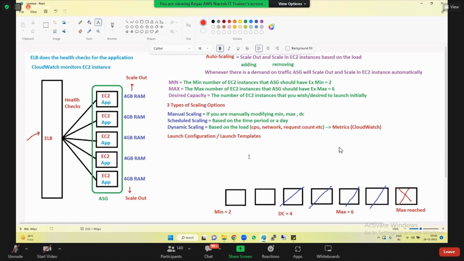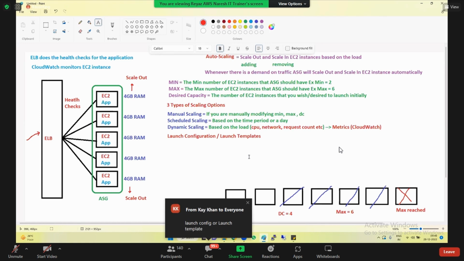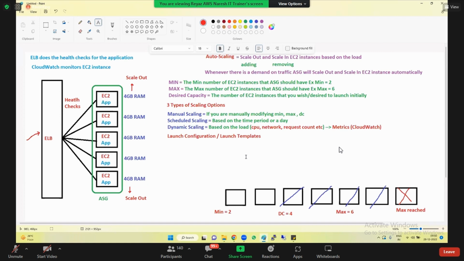See, what is this launch configuration or launch template? So guys, how many steps are there to launch an EC2 instance? Seven steps. Okay. So now, I have launched one EC2 instance, let's say a Linux EC2 instance, using these seven steps.